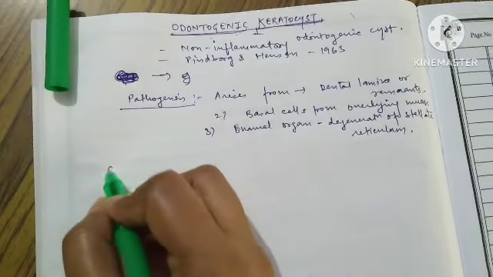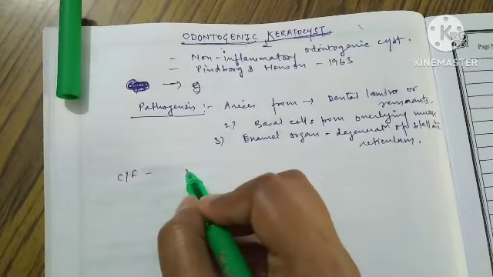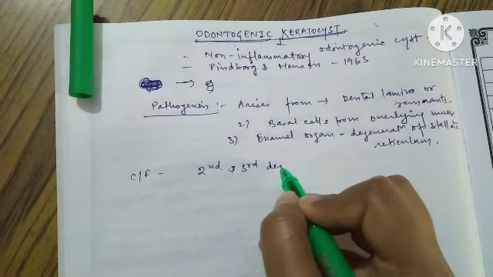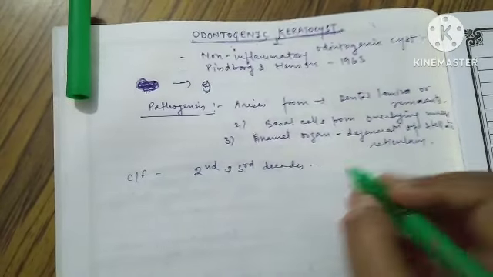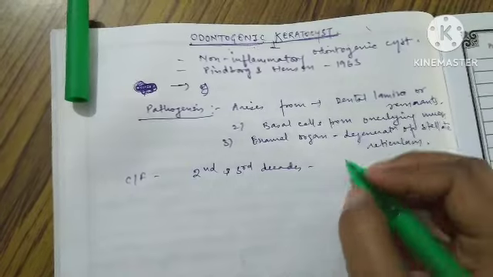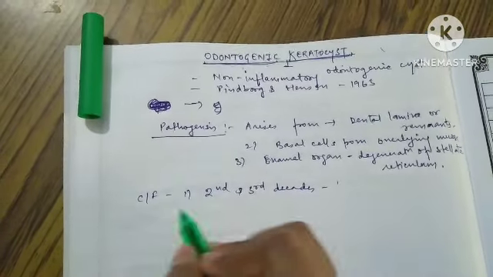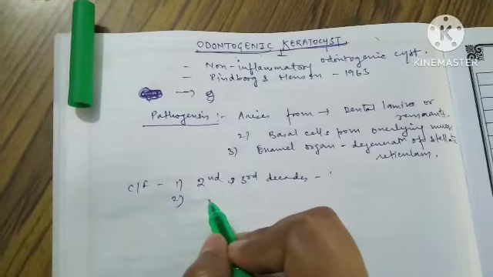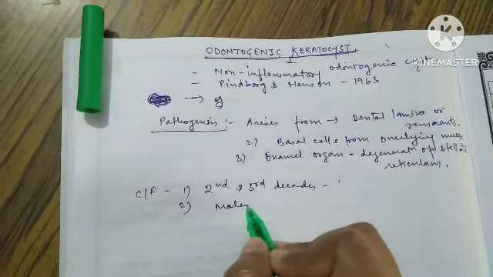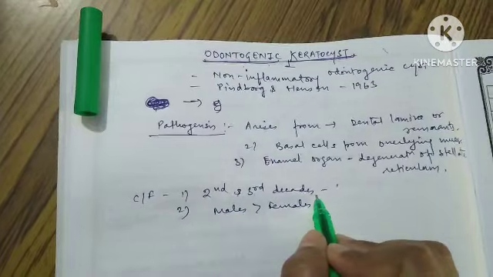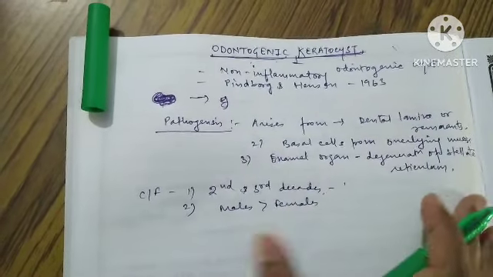Okay, clinical features are: second and third decade. Males are more affected than females, right? Second and third decade are more prone to OKC, right?